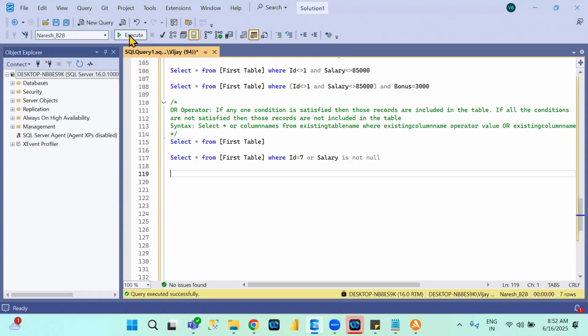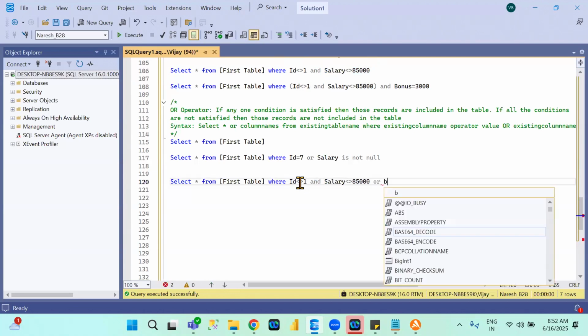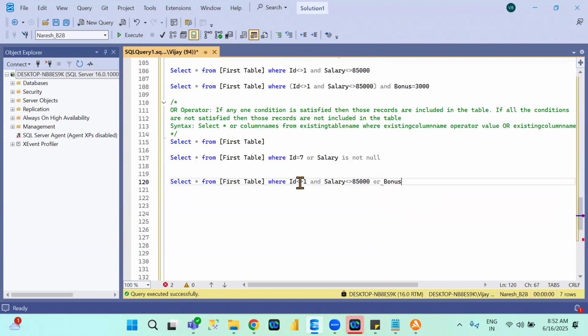Yes. Understand what I'm saying? See here. Suppose, for example, select star from first table where this is the one, OR bonus equal to 3000. Understand or not?